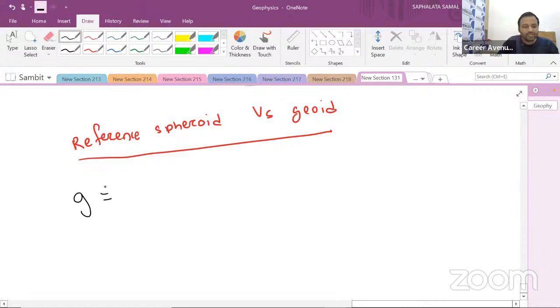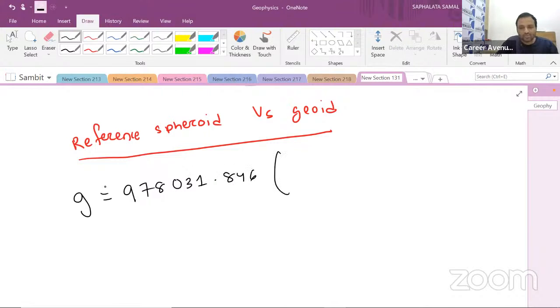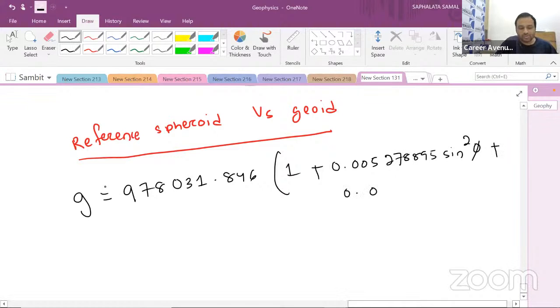g is equal to 978,031.846 into 1 plus 0.005278895 sine square phi plus 0.00002346 sine to the power 4 phi.